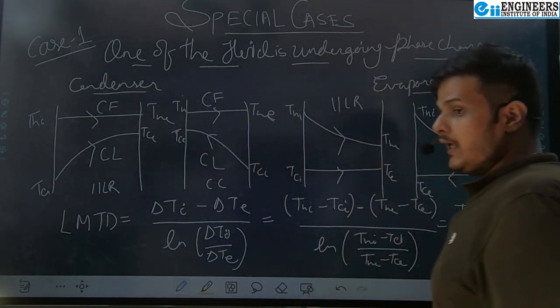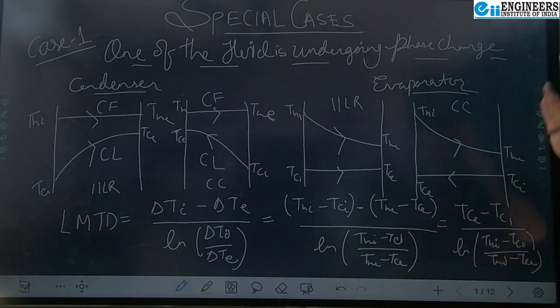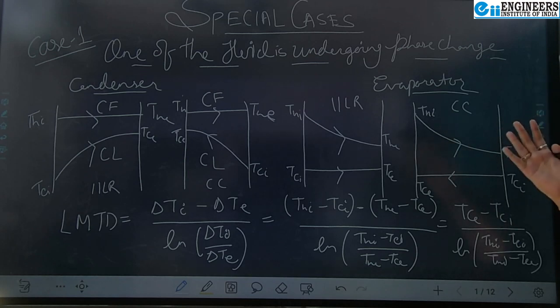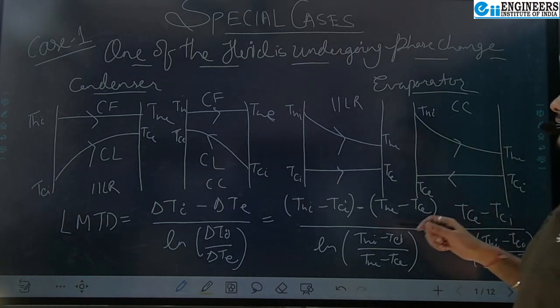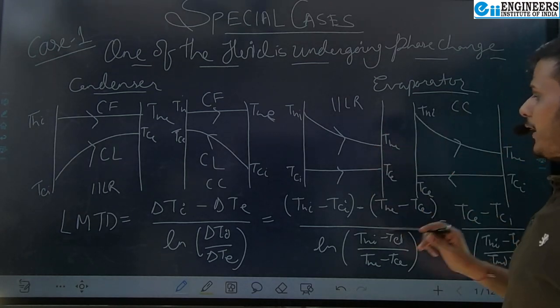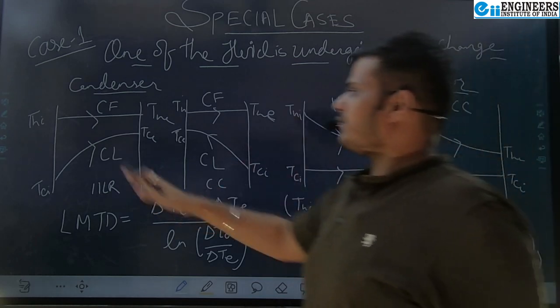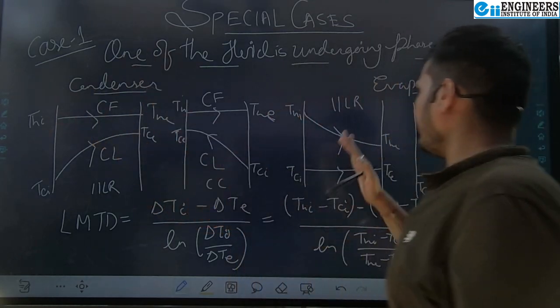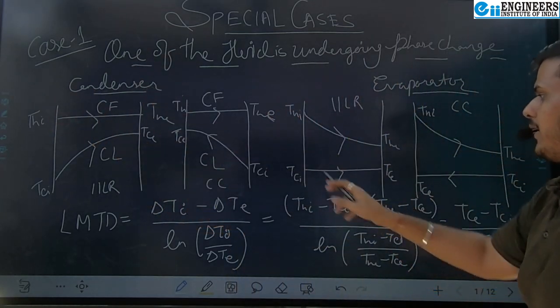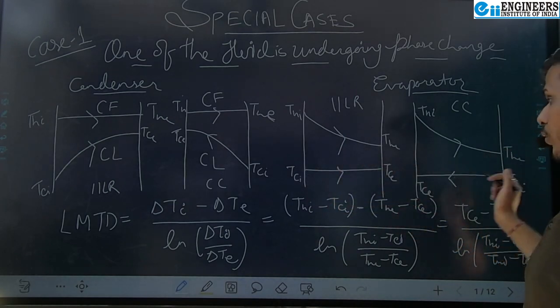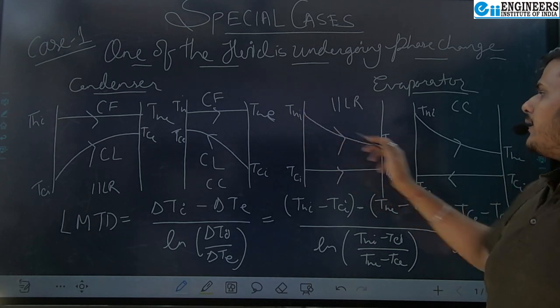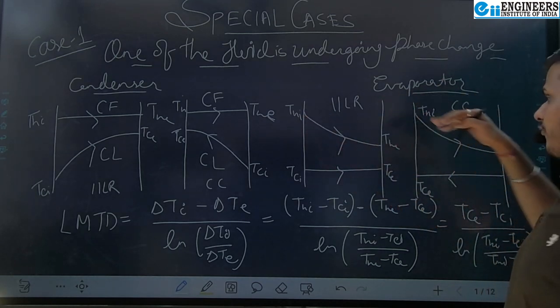Similarly, if we move on to an evaporator or boiler type, then what we see is that the liquid is directly converted to vapor. In the condenser, vapor is being converted to liquid. Here liquid is being converted to vapor, so it is considered the colder part, and the hot part is a fluid through which heat flows.